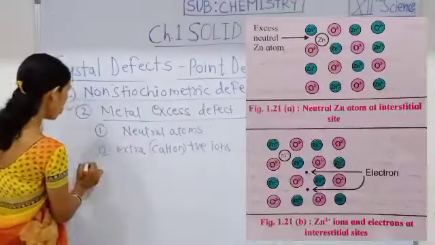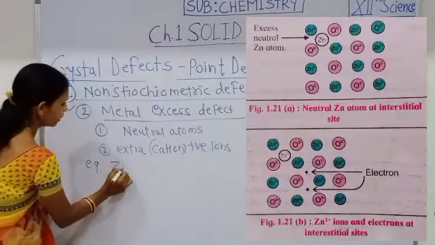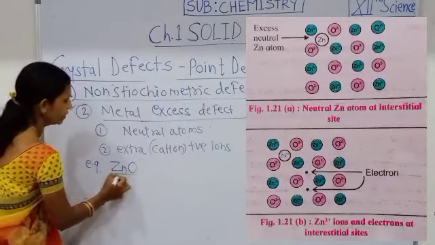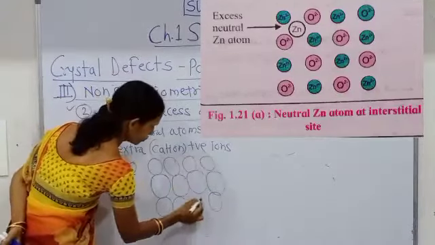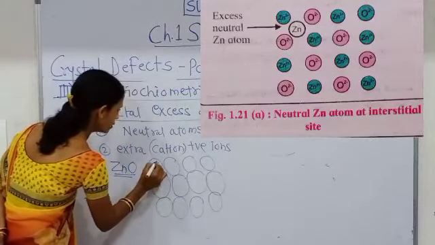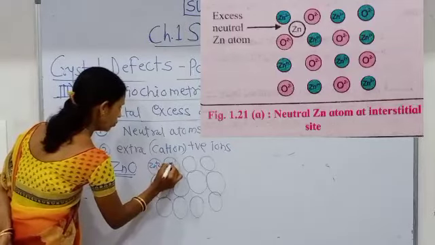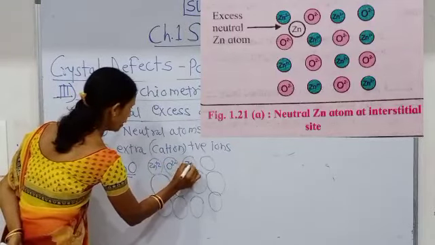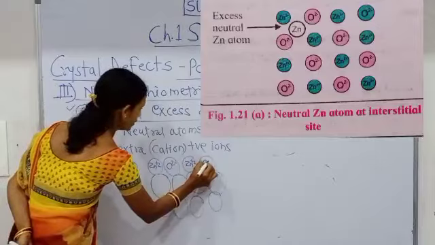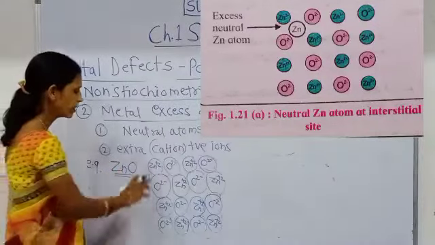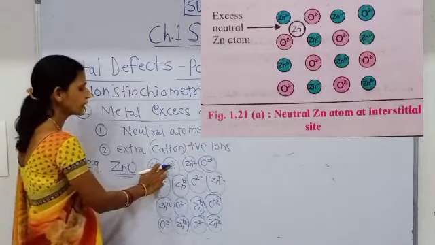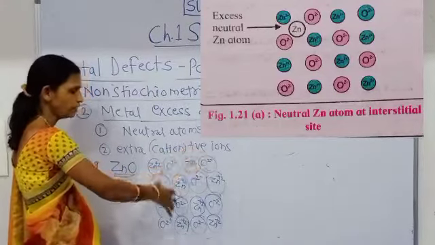The example of that is ZnO, that is zinc oxide. In zinc oxide, cations of Zn2 plus ions and O2 minus ions are arranged alternately. See here, in this crystal lattice, Zn2 plus cations and O2 minus anions are arranged.